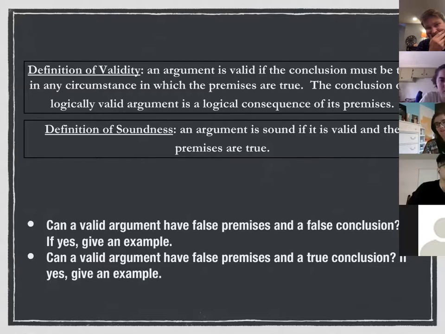No, because that would mean the premises were true and the conclusion is false, which would mean it's invalid. Well, frogs don't give birth to live young, so we don't want that to be the conclusion, because that would be false. Oh, true. Right. Yes.